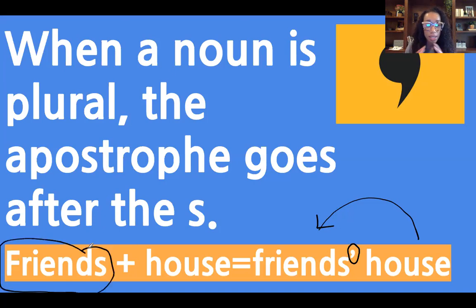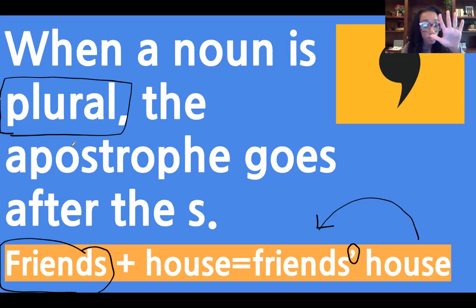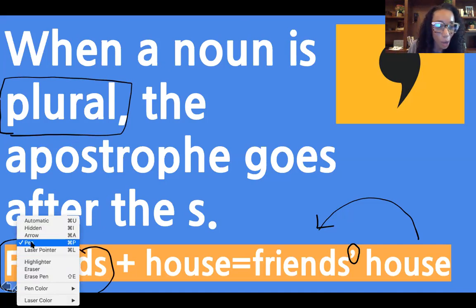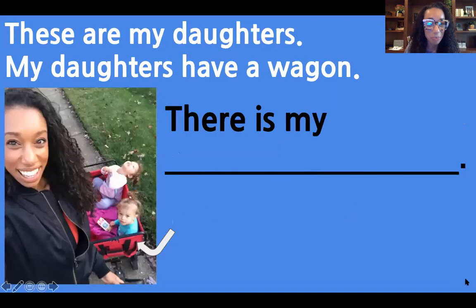This word friends, this noun friends is a plural noun. So whenever that noun is plural, meaning more than one, you put the apostrophe after the S. So let's practice. Let's see what picture we have next.